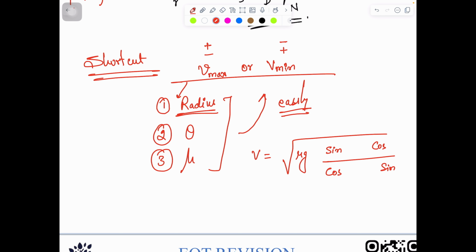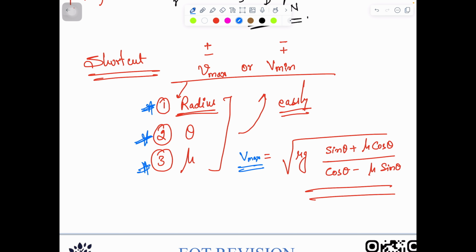In case of max, positive negative, positive negative, with this factor with mu. Finish. Easy. If you are looking for minimum, just change the sign, nothing else. Radius, theta and mu. Solve it.